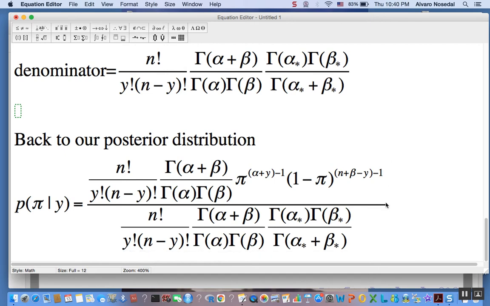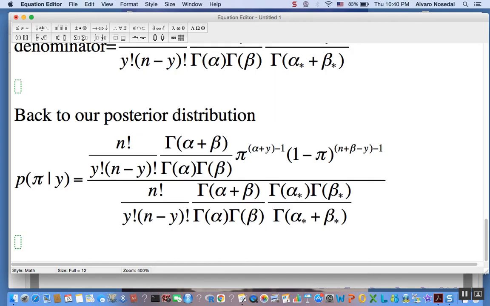Okay, so now, as I said, let's try and simplify that expression. So note that we are multiplying by this guy and dividing by the same guy, so they cancel out. We have gamma evaluated at alpha plus beta divided by gamma evaluated at alpha times gamma evaluated at beta. We have the same constant here, so these guys also cancel out.